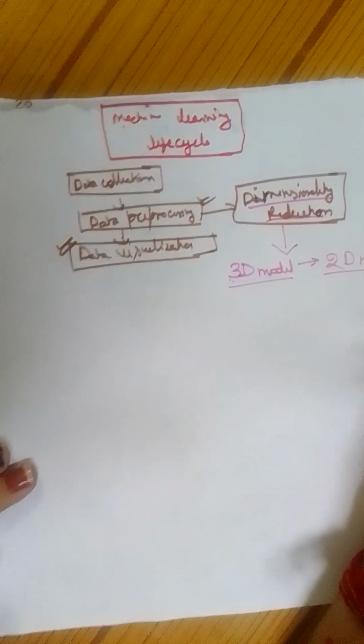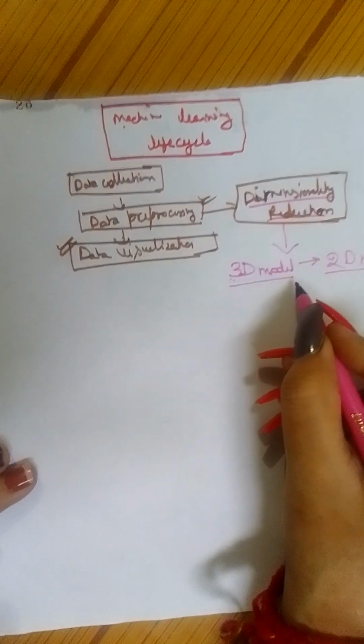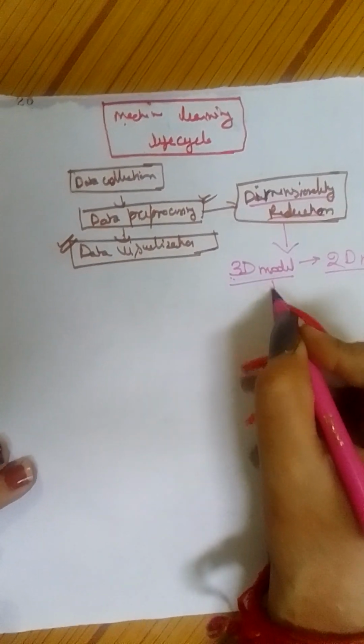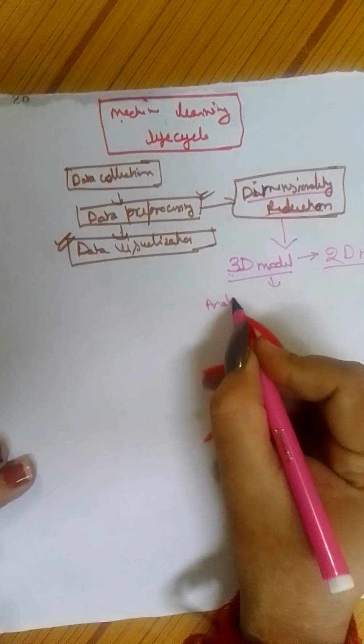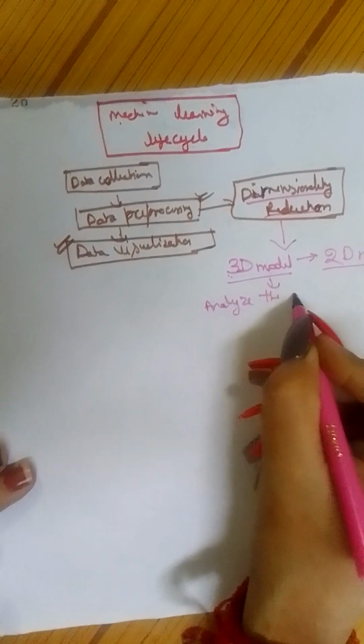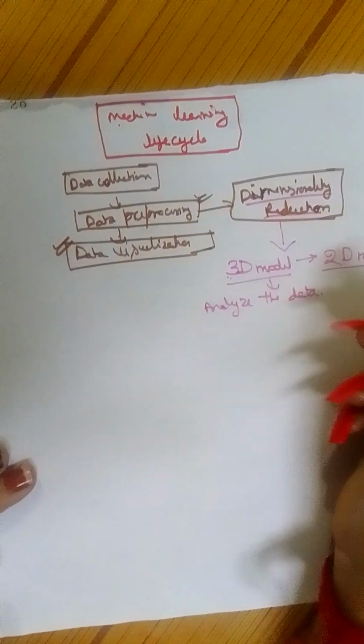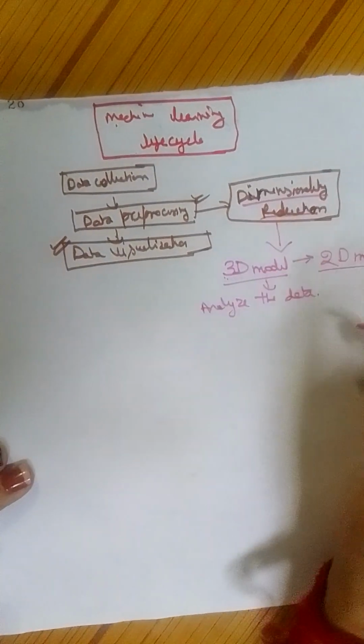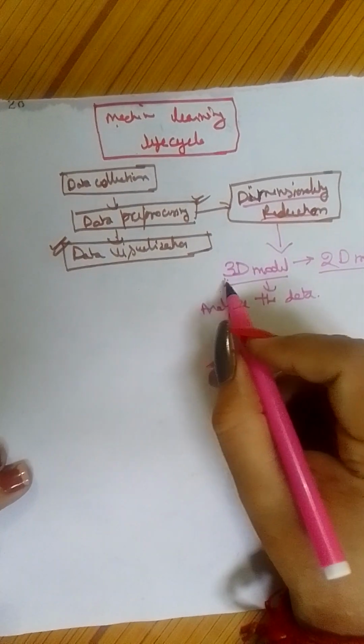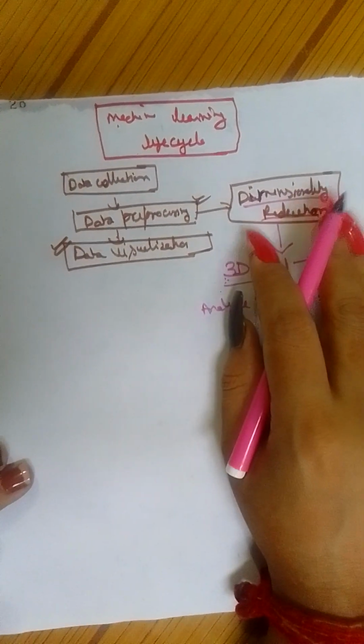3D model into 2D model. And why do they do this? They do this to analyze the data. They don't do this for their own sake, for enjoyment. They don't convert that 3D model to 2D model for fun.